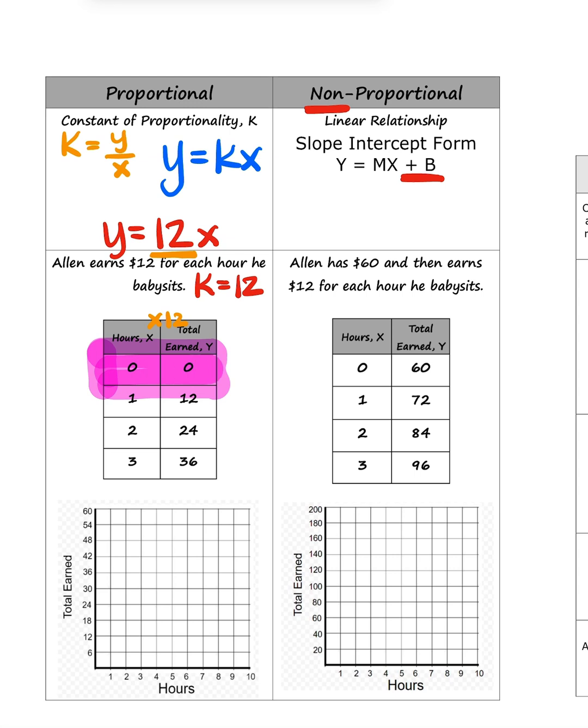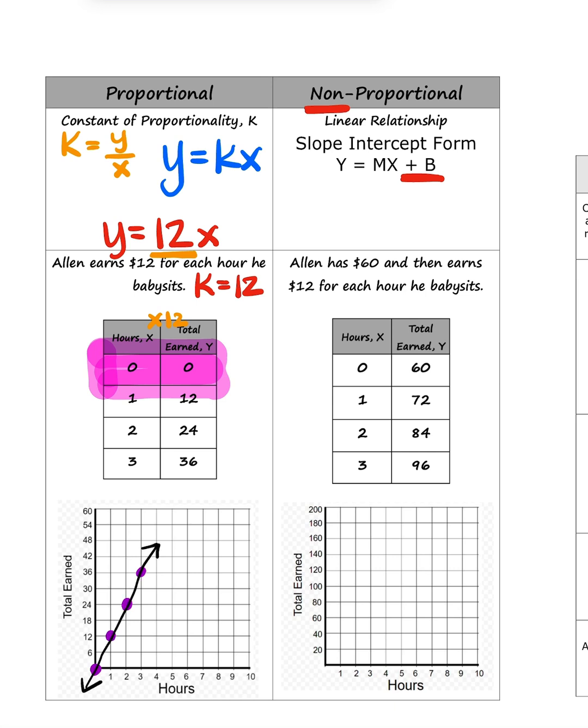When we graph it, I would start by graphing my point at 0, 0. Then I would walk 1 and rise 12, walk 2 and rise 24, walk 3 and rise 36. So I'm making my line, and my line goes through 0, 0.